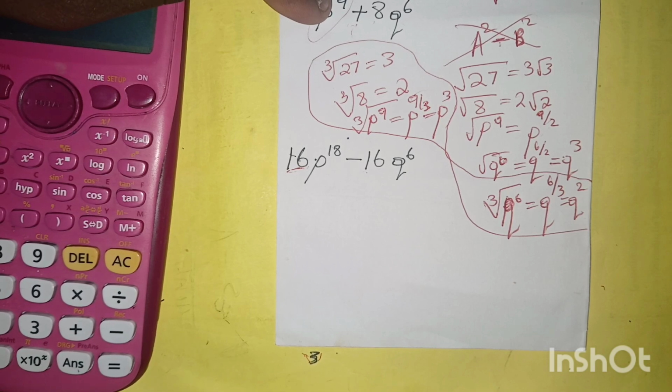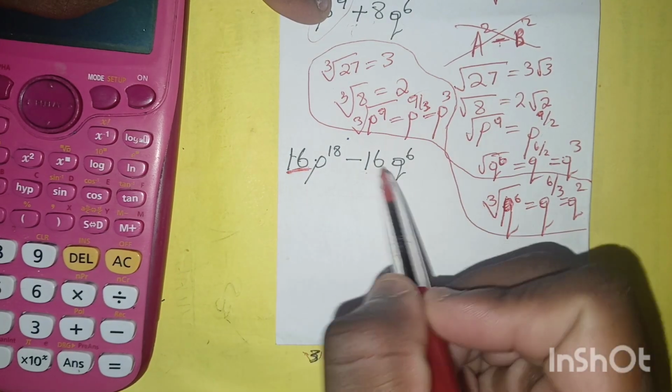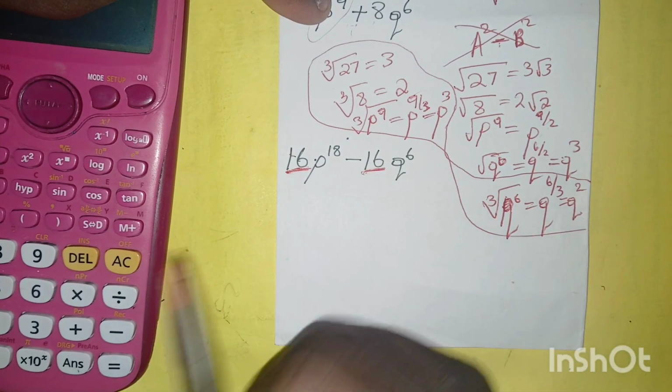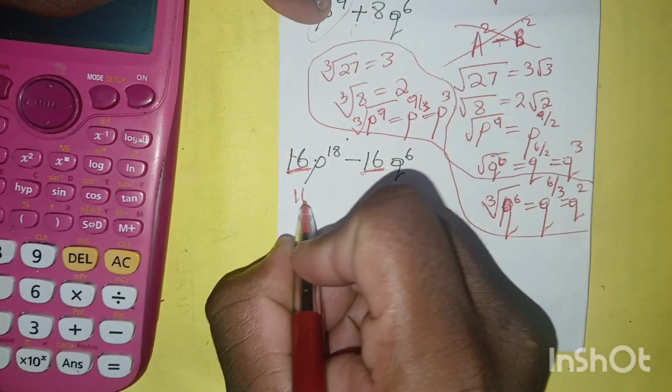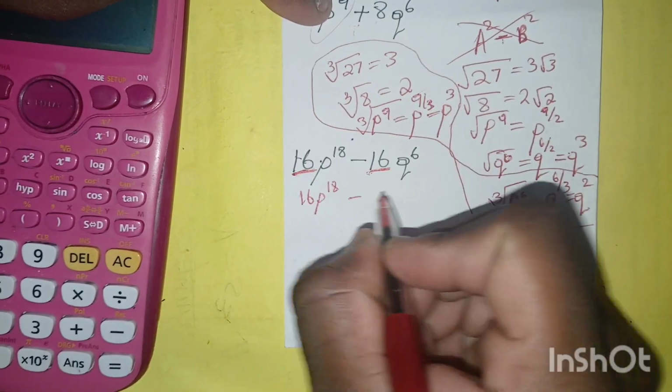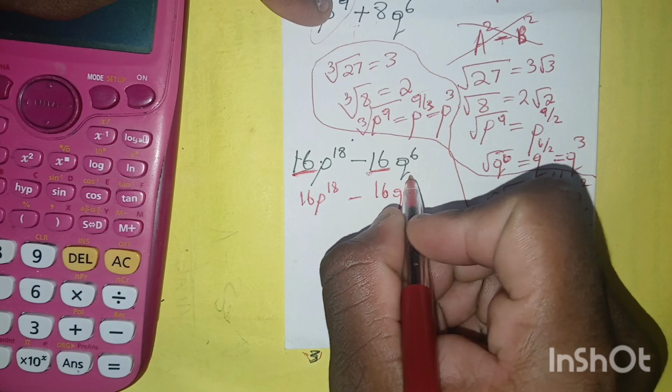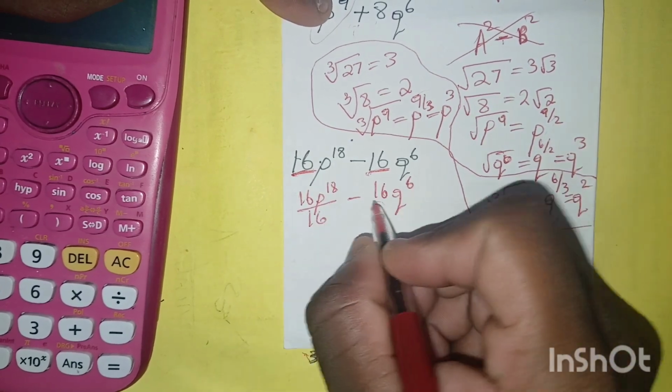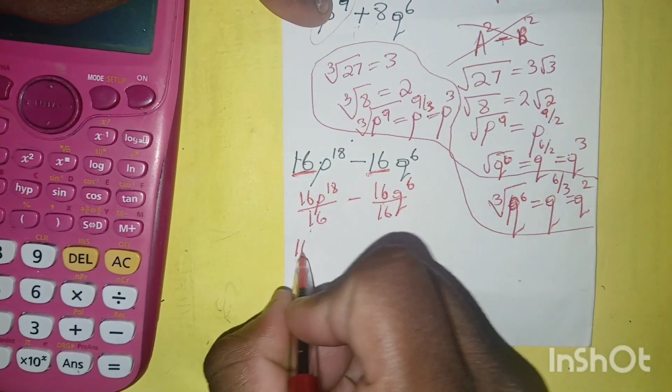So with this one, guys, first look for a common factor here. We have the common factor, something which is common on both sides, it's 6. So you can take your common factor, divide both sides by that common factor and take it out.